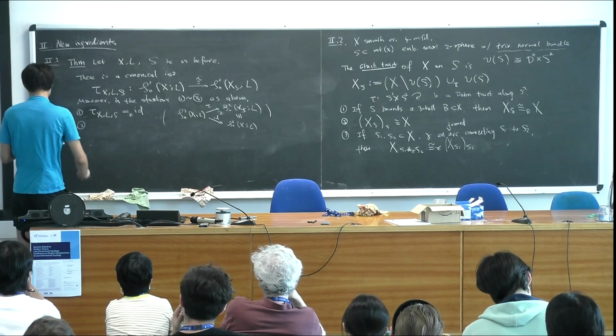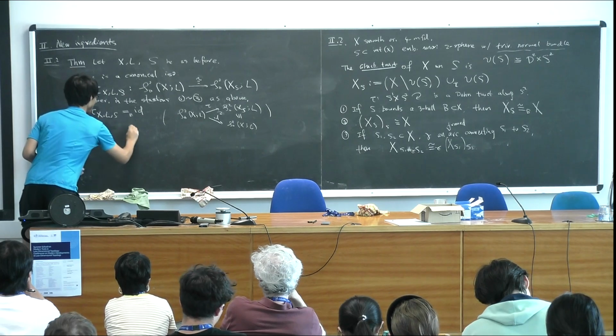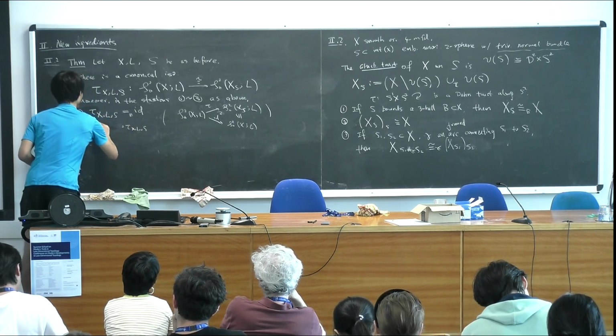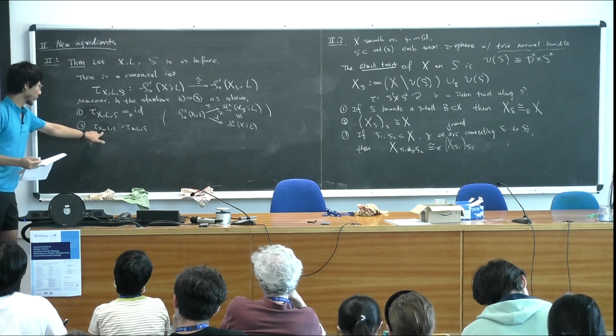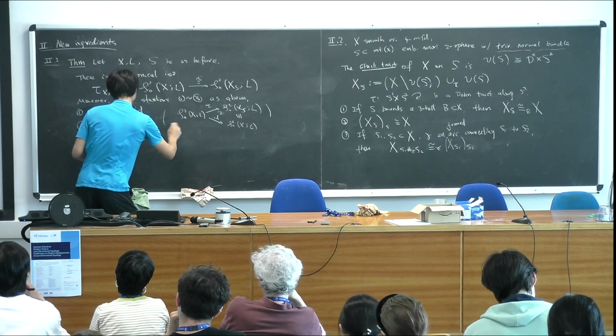Second thing is if I first perform a Gauss twist on a two-sphere and then perform the same Gauss twist again on this twisted 4-manifold, then I get the identity map.